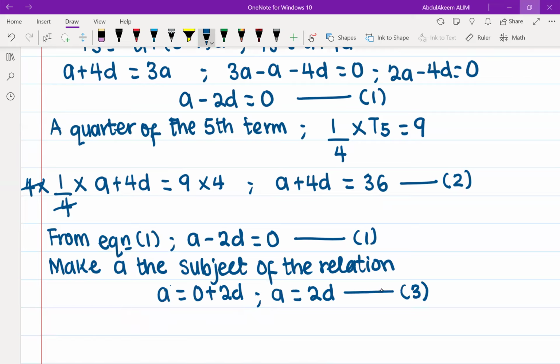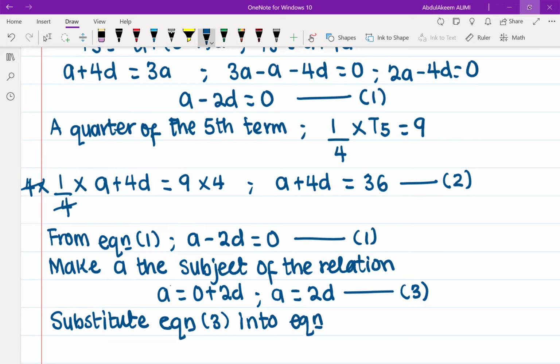So since I've gotten equation 3, the next thing is to substitute equation 3 into equation 2. What is my equation 2 here? That's A plus 4d is equals to 36.